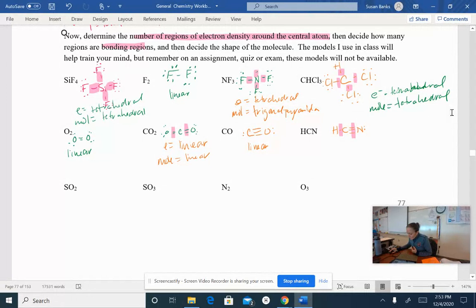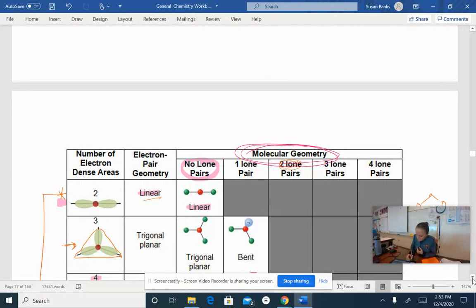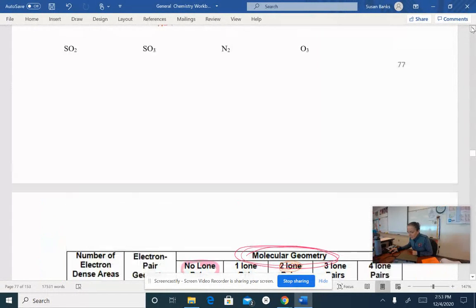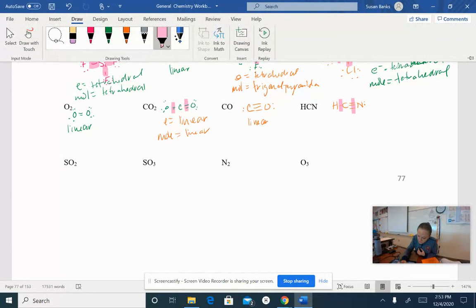So if I go down to my chart here, two areas of electron density gives me a linear electron pair geometry and also a linear molecular geometry. So my electron pair geometry and my molecular geometry are both linear.